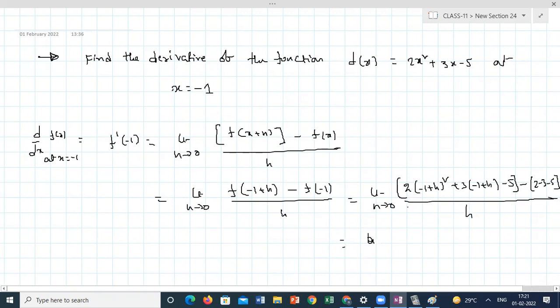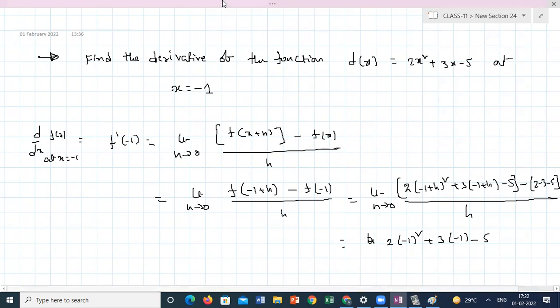If I'm substituting h is equal to 0, 2 of minus 1 whole square plus 3 of minus 1 minus 5. I'm getting everything becoming 0 there.